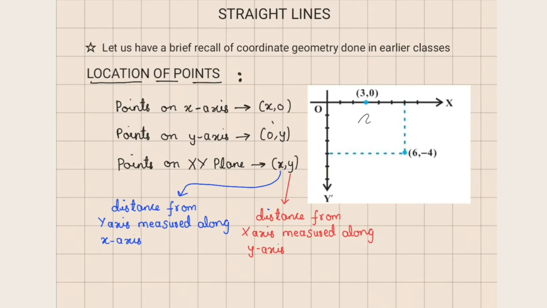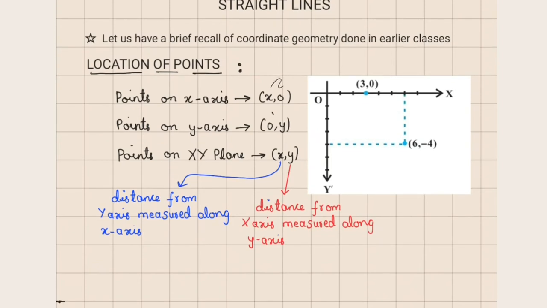In 2D geometry, we have two axes. One is x-axis and another is y-axis. Any point on x-axis is denoted as some x comma 0, because a point is denoted as some x comma y, where this x part is called abscissa and y is called ordinate.